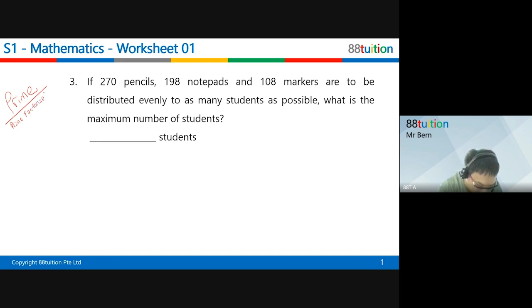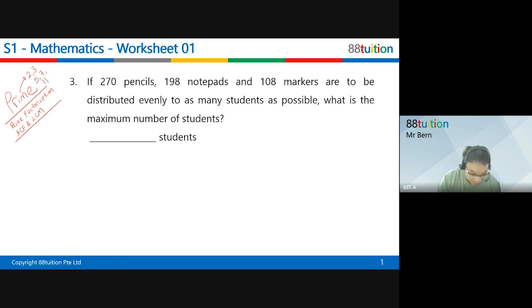This is a method whereby you use the prime numbers: 2, 3, 5, 7, 11. These are the 5 numbers I told you to remember last week, correct? We did prime factorization. After that, we went into HCF and LCM. HCF means highest common factor. LCM means lowest common multiple. That is what we did last week.